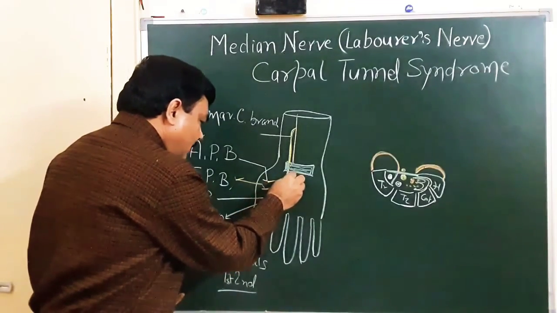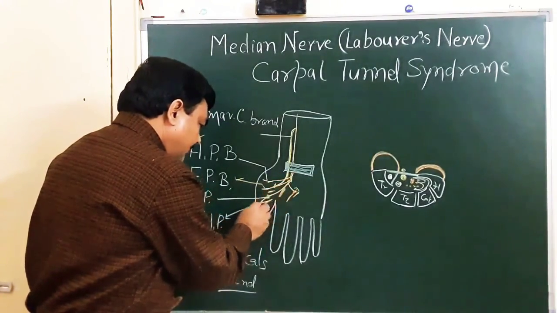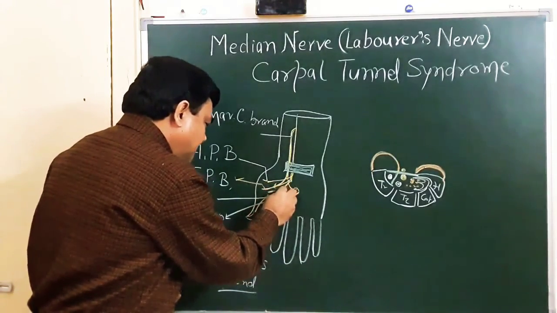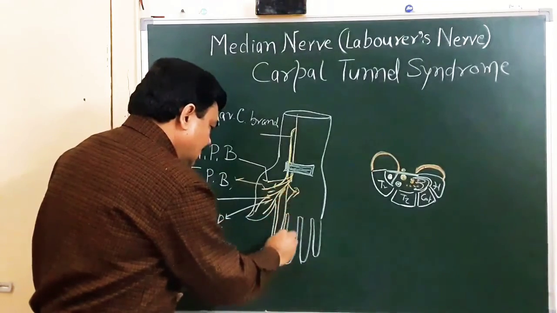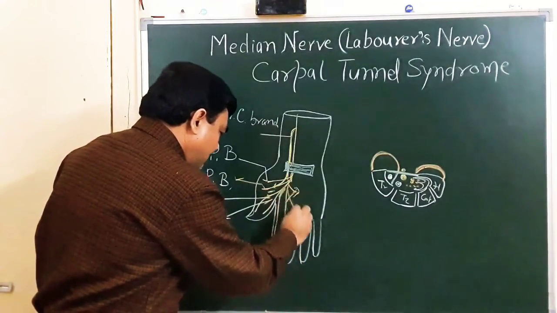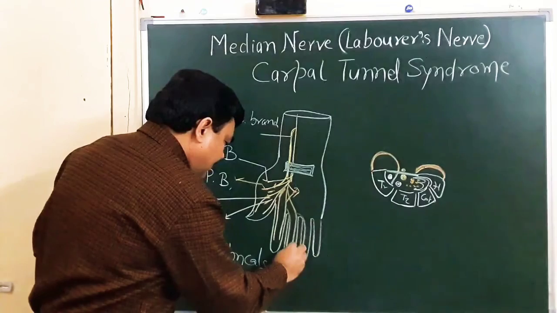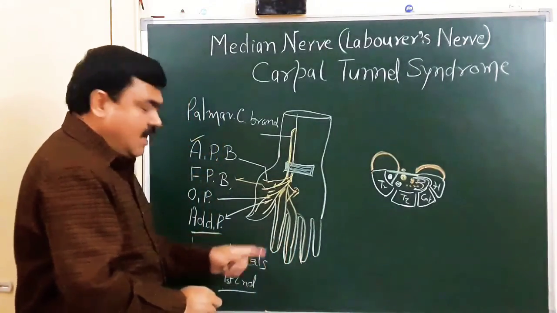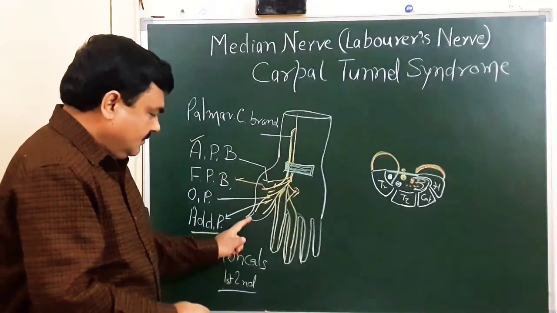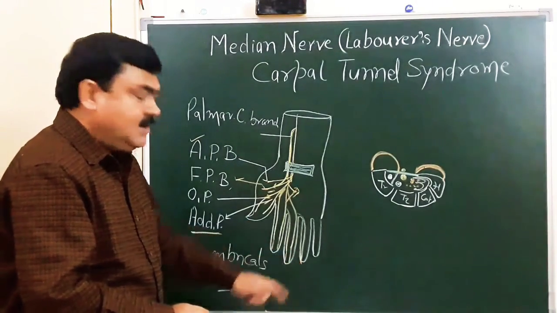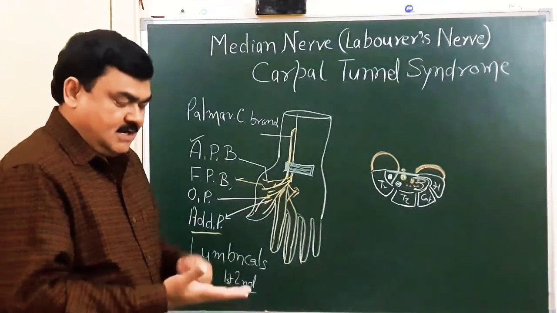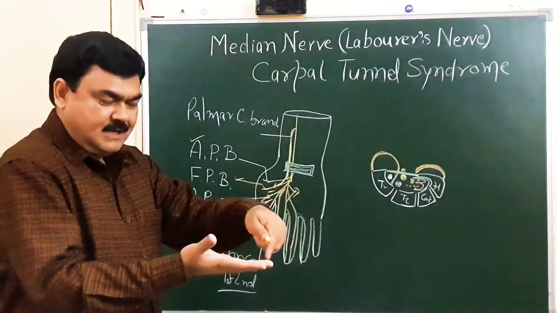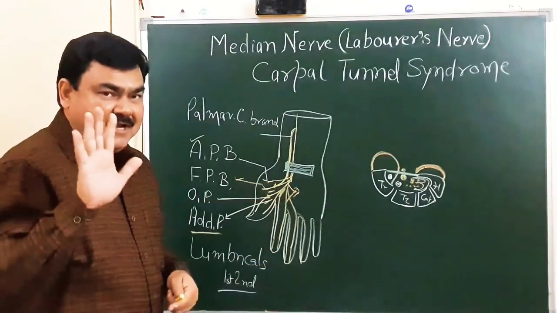Another thing, there is sensory loss. The sensory fibers give four or five palmar digital branches, which supply the lateral three and a half digits: one, two, three, and this is half. They supply the thumb, index, middle, and half of the ring finger on the anterior aspect.